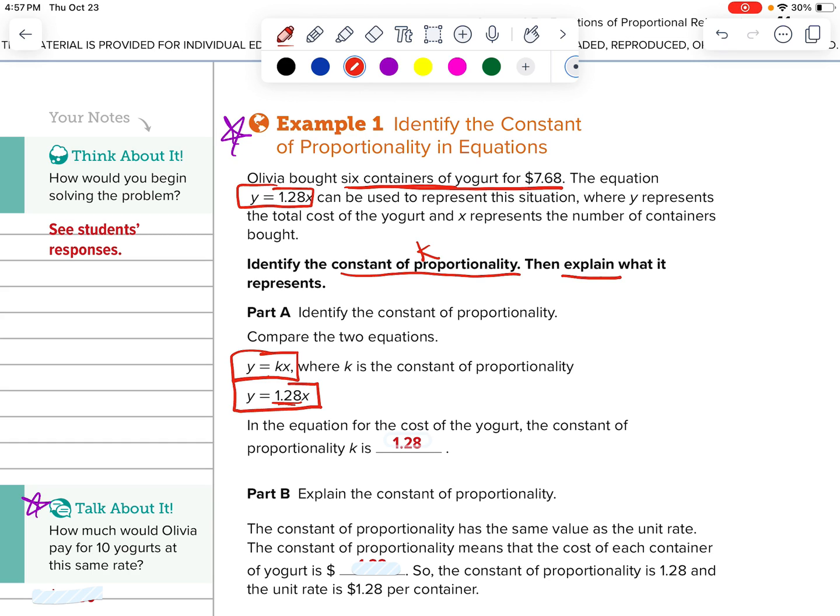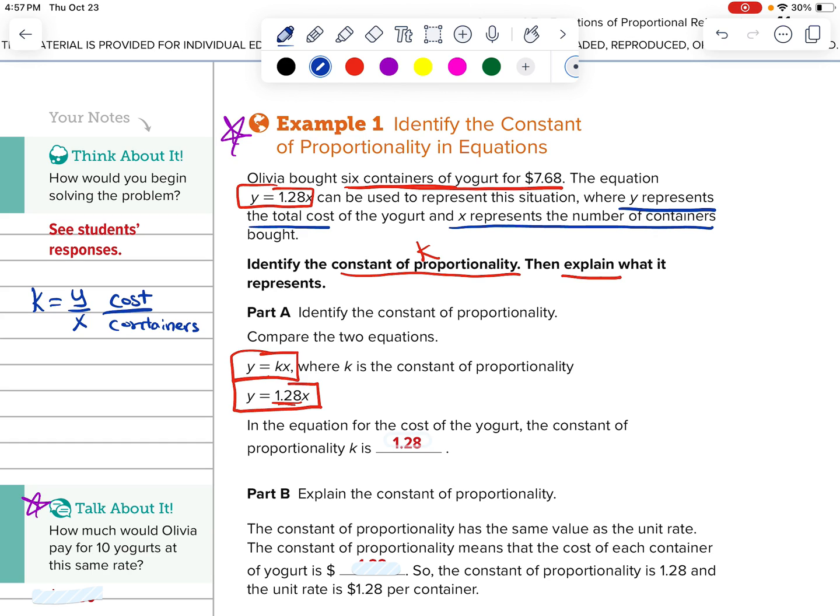And you may be wondering, well, how did they come up with 1.28? Okay, well, let's go back to thinking about what k is. It's y over x. In this case, y represents the total cost, so let's write cost next to the y. X represents the number of containers, so this would be containers.